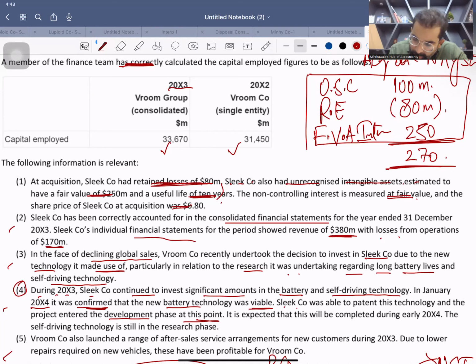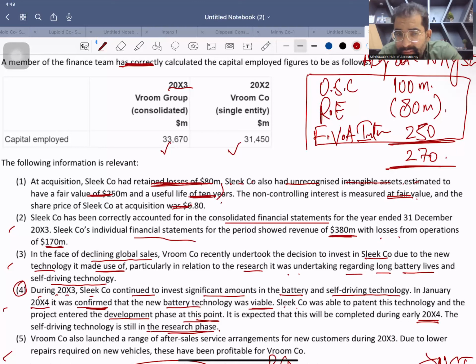It is expected that this will be completed in early 2004. The self-driving technology is still in research phase. And one more thing I can say, that the parent company has promised, you remember the contingent consideration. One more technical point. The parent company has promised to give the subsidiary company's owners some extra payment of $300 million only if the performance targets are met.